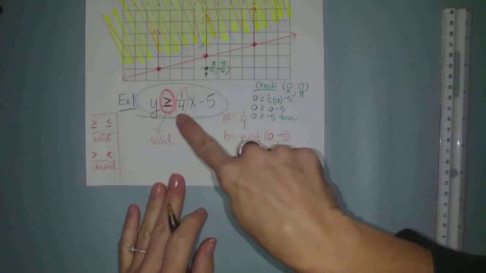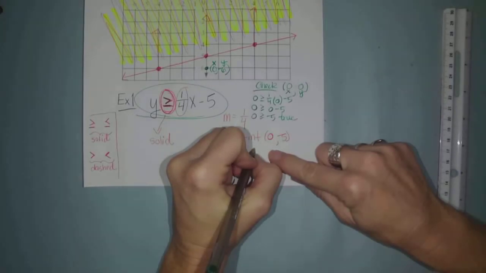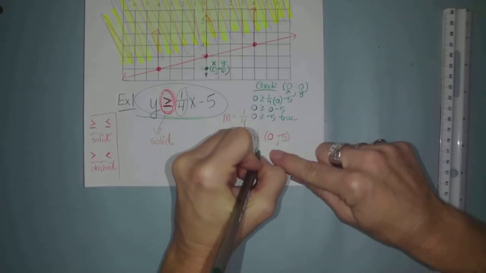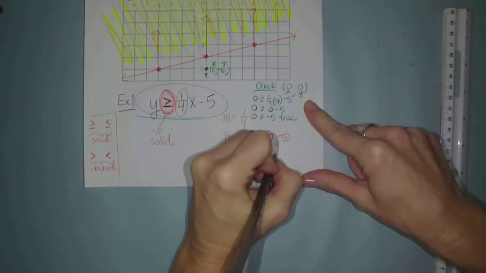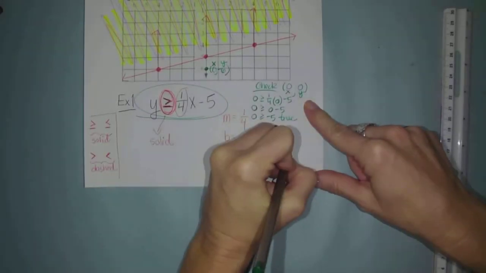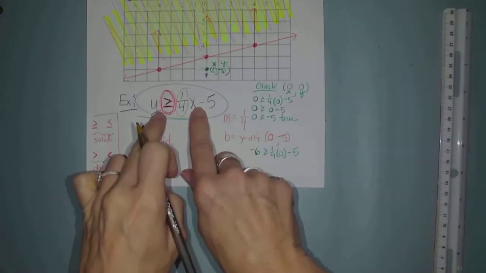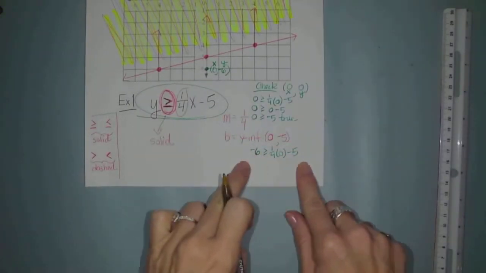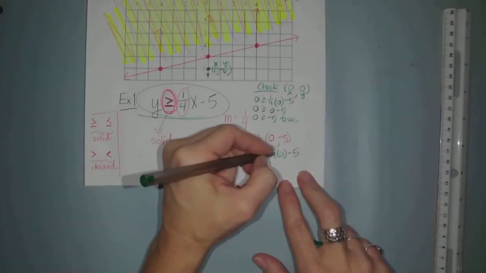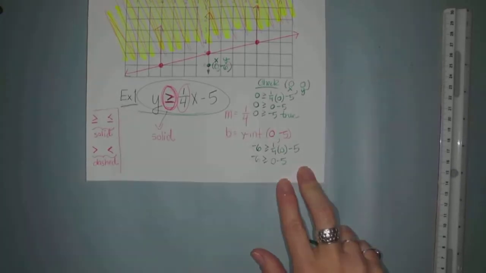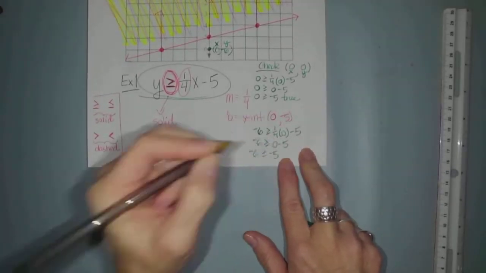So putting it into my inequality, my check would be -6 for my y is greater than or equal to 1/4 times 0 minus 5. So again, I just filled in 0 for x and -6 for my y right here. And so that gives me -6 is greater than or equal to 0 minus 5, or -6 is greater than or equal to -5.